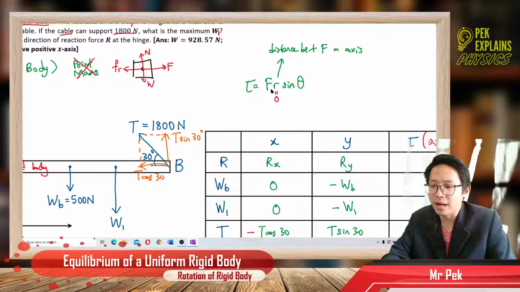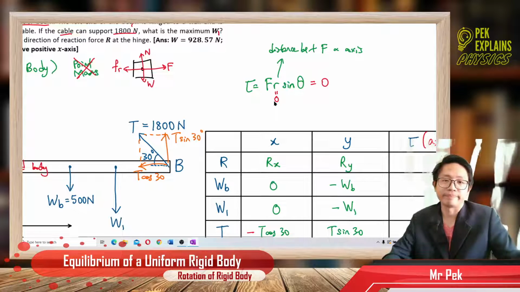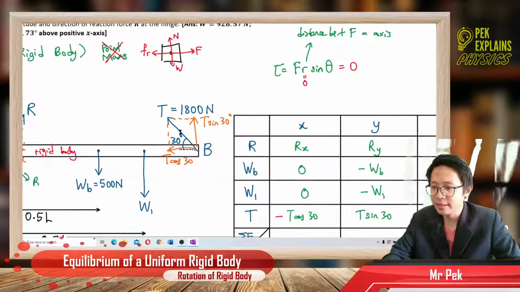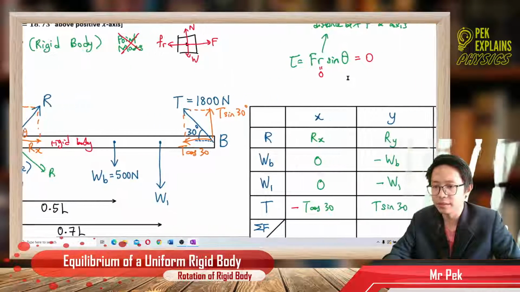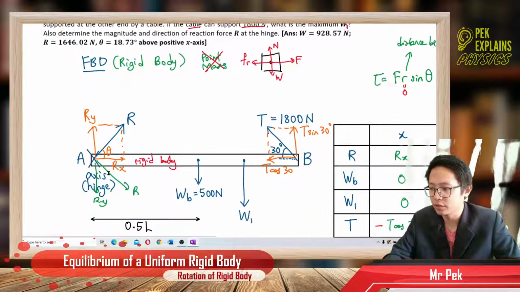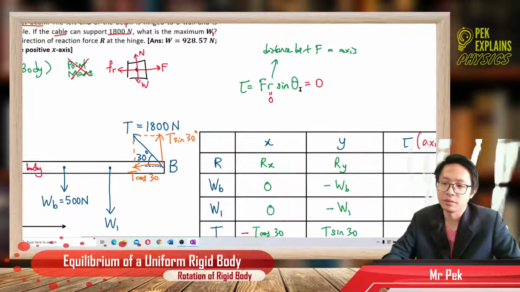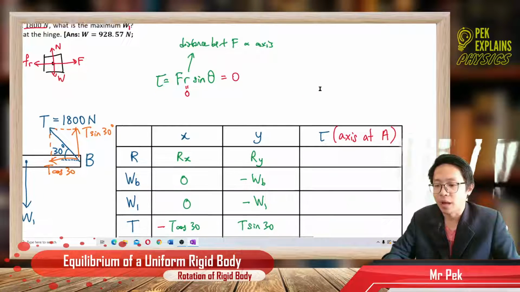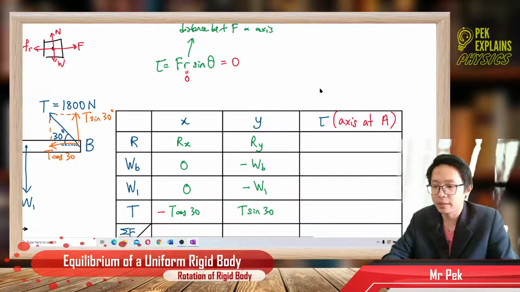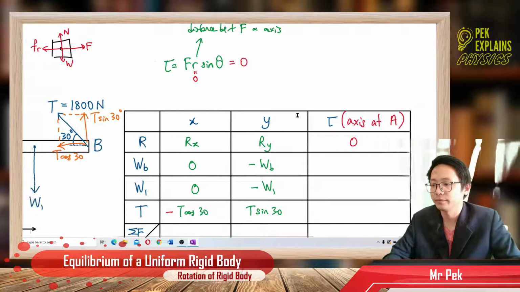So when the r is 0, the torque becomes 0. Understand? Because the distance between the force and the axis of rotation is 0. Torque 0. So R, you get 0 for no torque.